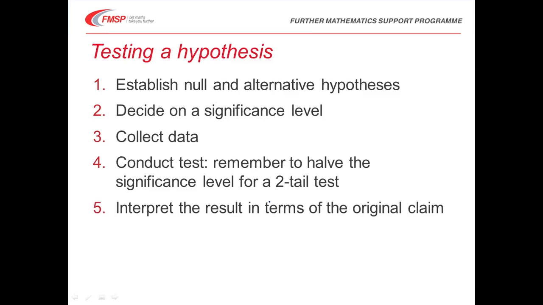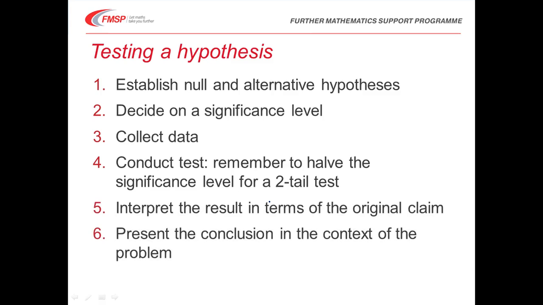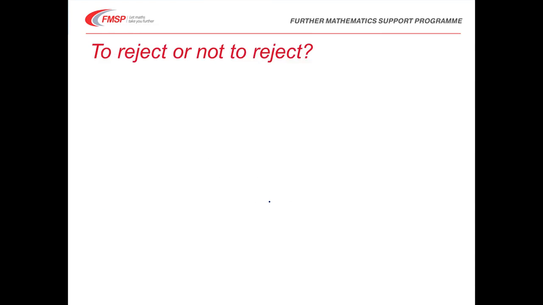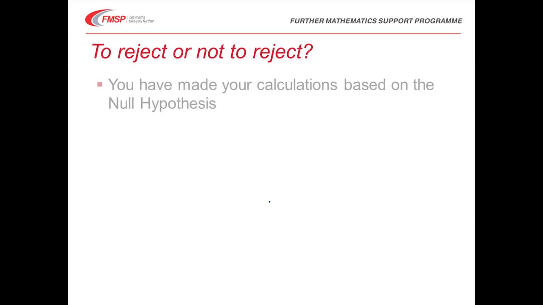You then need to interpret the results in terms of the original claim and present your conclusion in the context of the problem. And these points are essential if you're going to get full marks for the question. A lot of people struggle with deciding whether they need to reject or accept the null hypothesis.